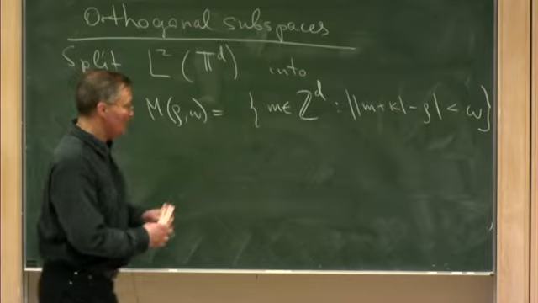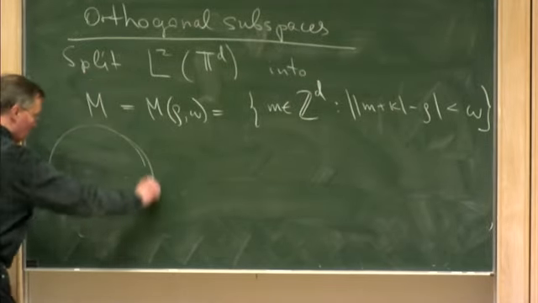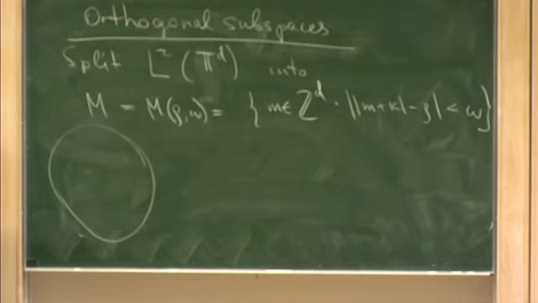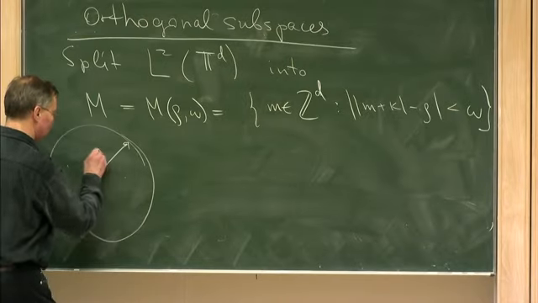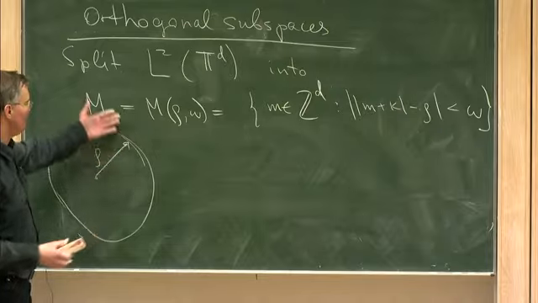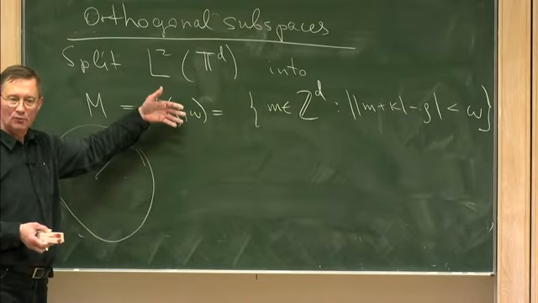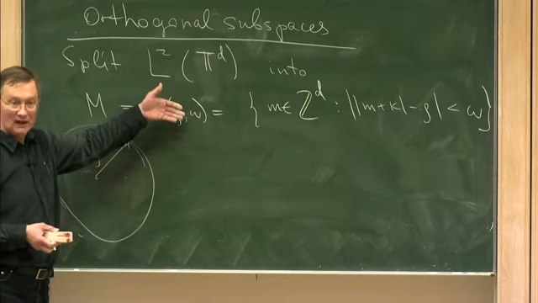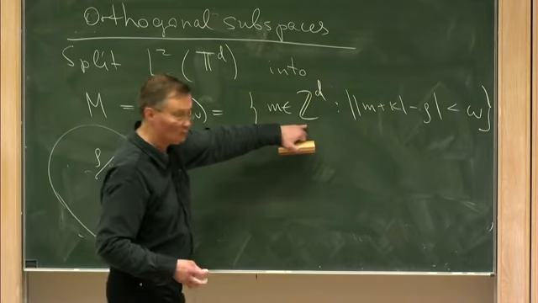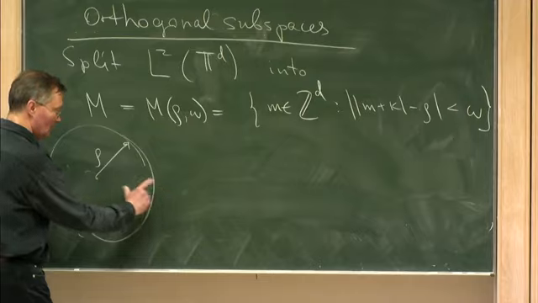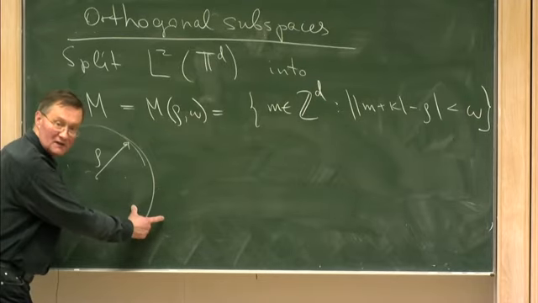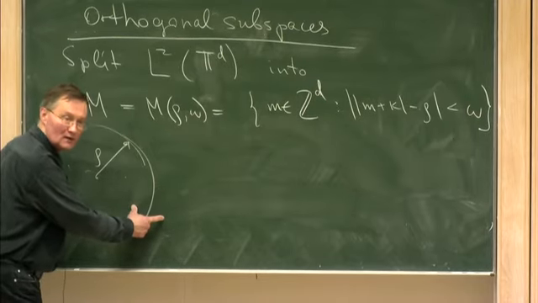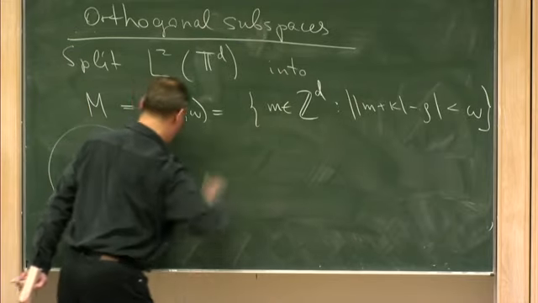So what we have here is a sphere of radius rho, and then I identify the lattice points in the dual lattice such that these points are in the vicinity of the sphere, in the omega neighborhood of the sphere. Okay?